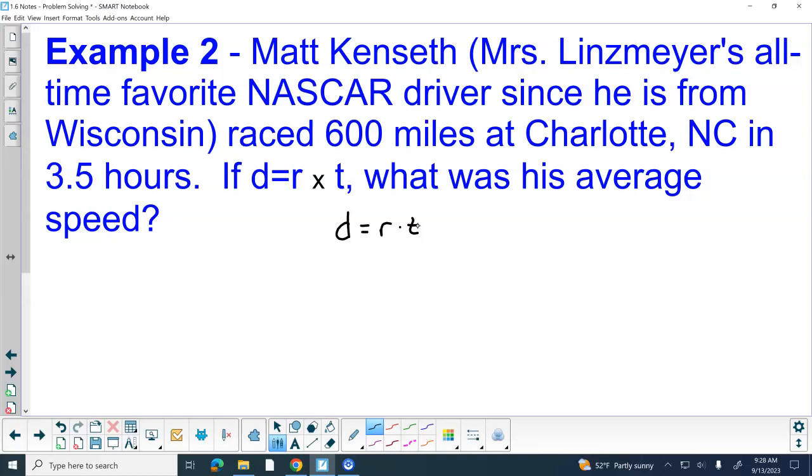So distance is going to equal rate times time. The distance that he drove was 600 miles. The rate we don't know. The time was 3.5 hours.